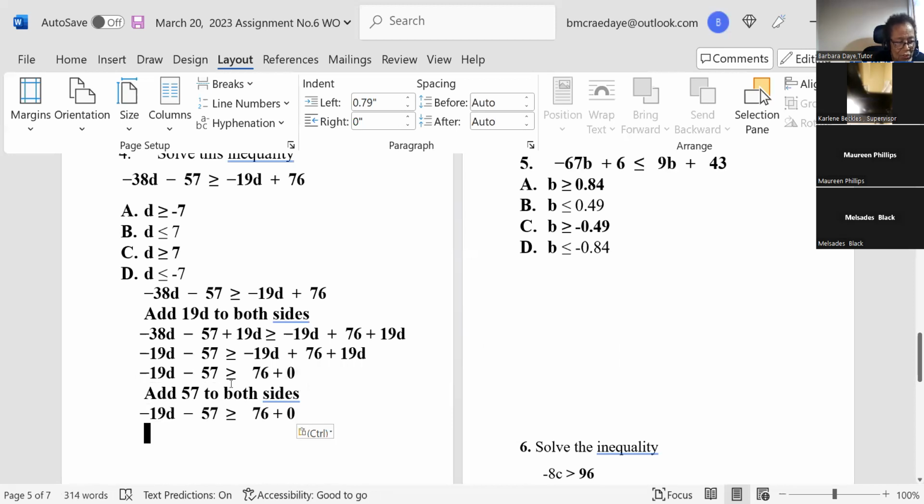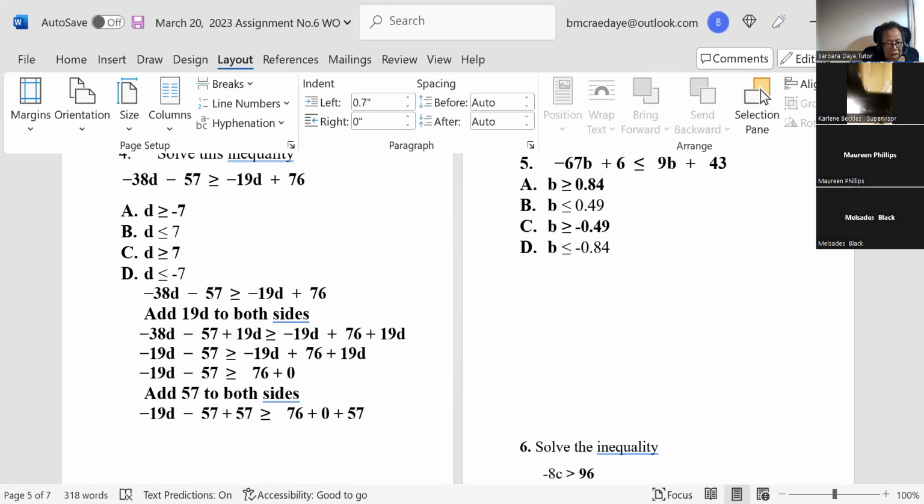On the left side, plus 57, right? And on the right side, plus 57. Everybody with me? Yes, miss.